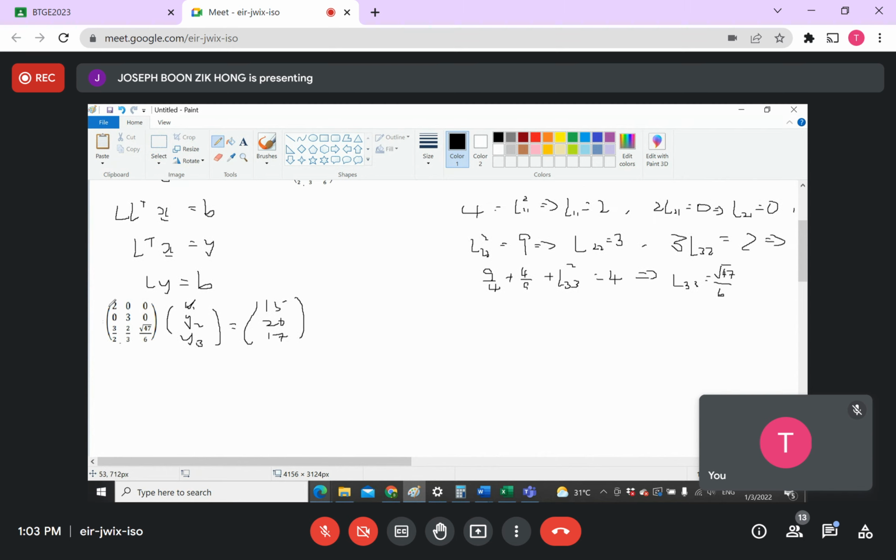Okay, so start from the upper end. So 2 y1 is equal to 15. That means your y1 will be 15 over 2, sorry. Okay, 0 y1 plus 3 y2 equal to 20. So that means your y2 will be 20 over 3.